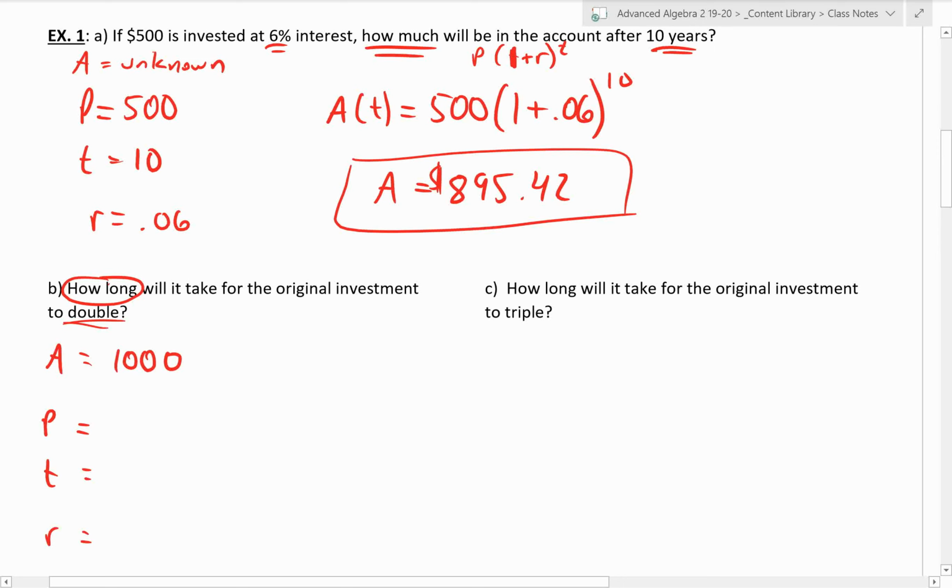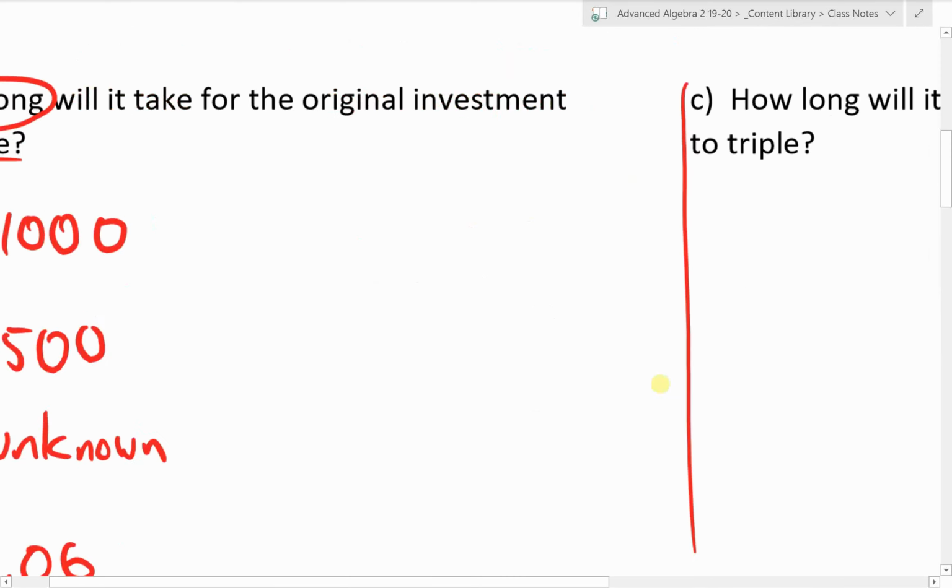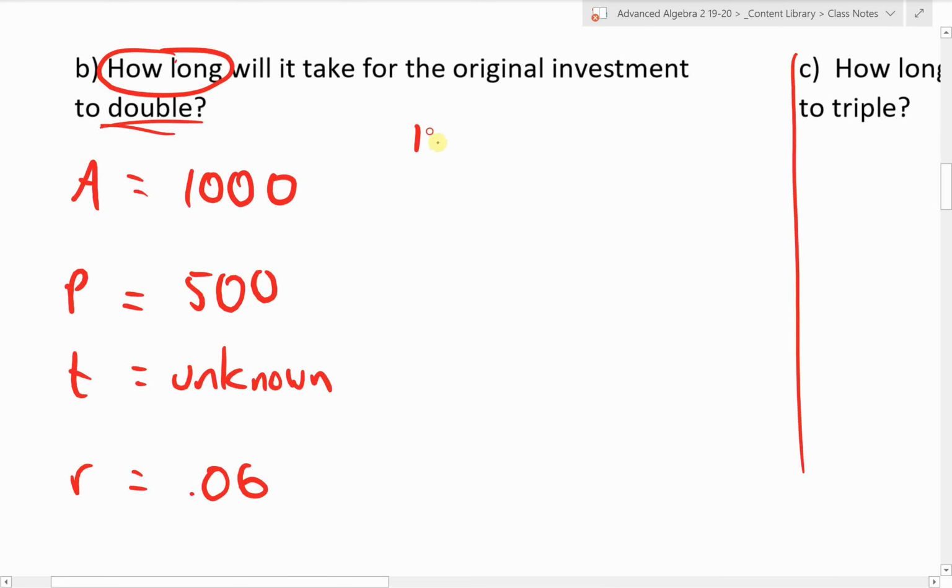The principal, we still started with the $500, but now time is the unknown, and our interest rate is still 6%. So we've swapped two of the variables here. Now we can plug this into our formula: 1,000 is equal to 500, our principal, times 1 plus 0.06, same growth rate, but now t is the unknown variable.